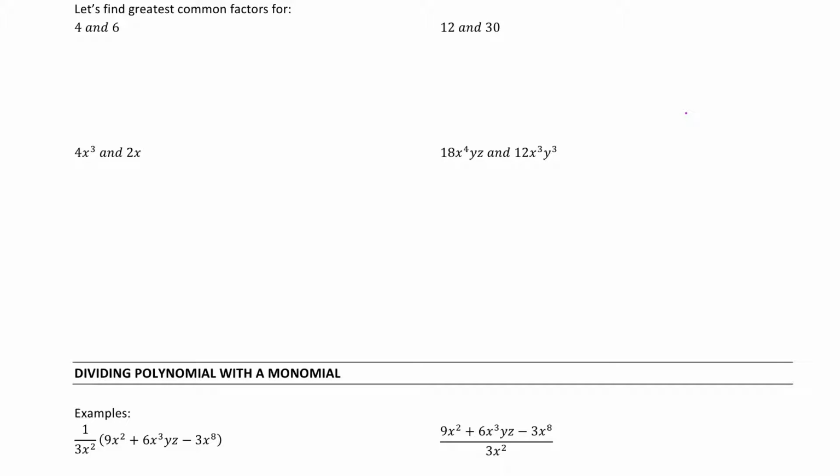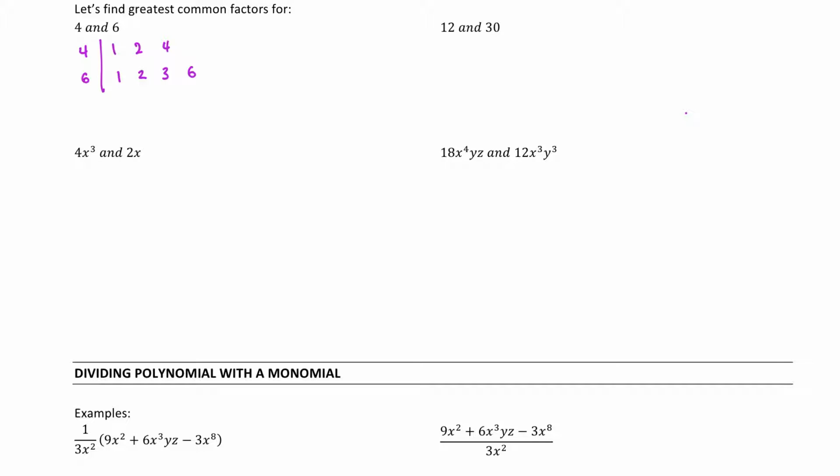For the first one, I have 4 and I have 6, and I'm trying to find the greatest common factor. The factors of 4 are 1, 2, and 4. And the factors of 6 are 1, 2, 3, and 6.